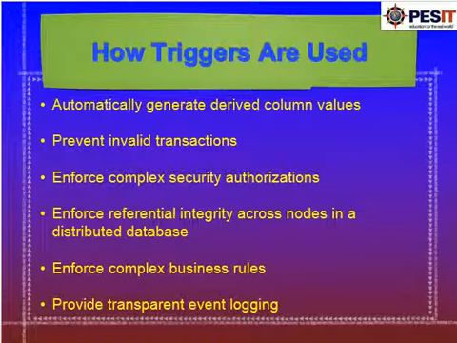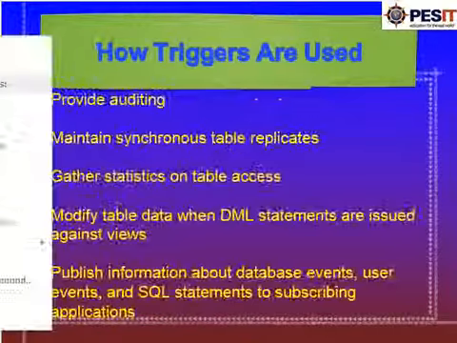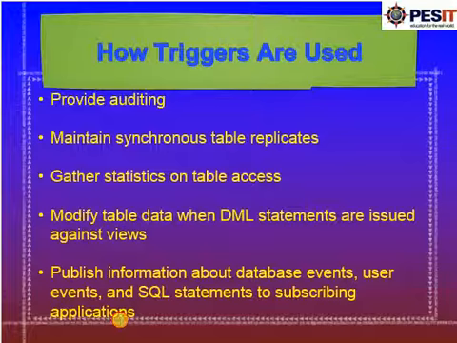Also enforce complex business rules, provide transparent event logging, and provide auditing, maintain synchronous table replicates, gather statistics on table access, modify table data when DML statements are issued against views, and finally publish information about database events, user events and SQL statements to subscribing applications.